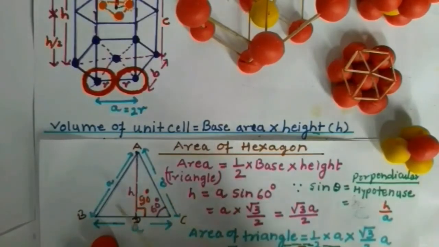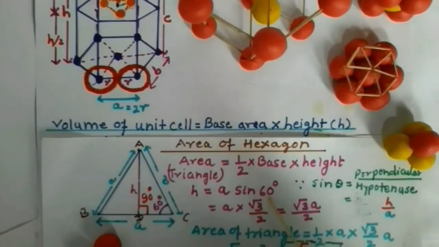So this perpendicular or the height is equal to A multiplied by sine theta, and the value of sine theta is nothing but root 3 by 2.